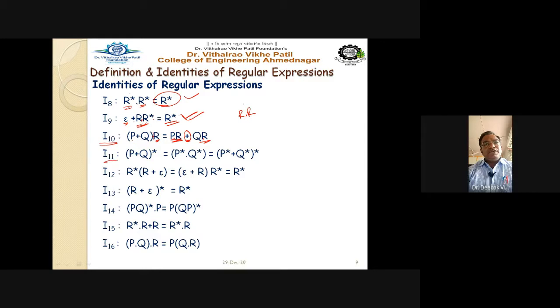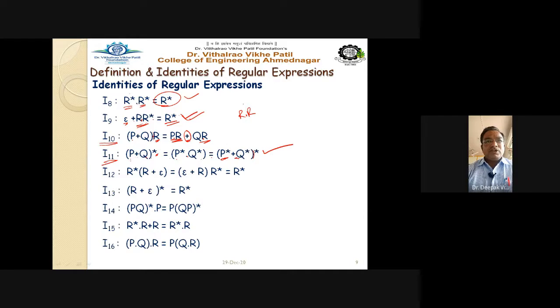Next identity, or the next rule: (P + Q) raised to star. Bracket raised to star means the closure of that particular bracket. That is equal to (P*·Q*)*, which equals (P* + Q*)*. See here, it is very important. This is again an important rule you have to remember always.